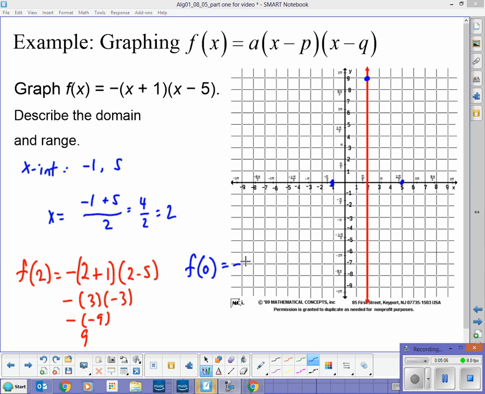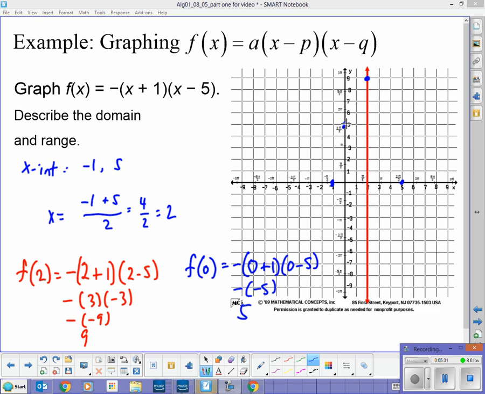So that would be negative 0 plus 1 times 0 minus 5. Basically it's 1 times negative 5, which is negative 5. The opposite of negative 5 is positive 5. So I have another point right here.